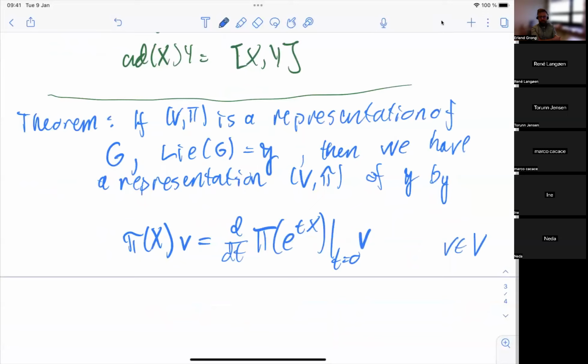So we've seen that we can do this with a Lie group homomorphism to get a Lie algebra homomorphism. Just take the differential at the identity, and the same holds for representations.